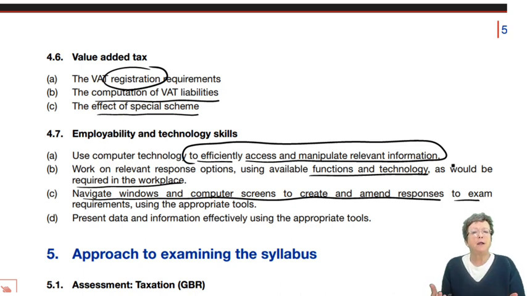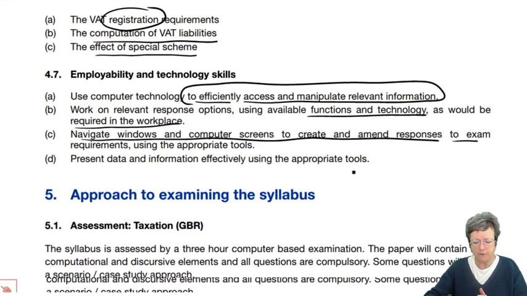You'll perhaps do a mock exam on a piece of paper, but you must practice doing these things online. The ACCA website has access to questions, mocks, exam papers, where you have to answer them online. You must practice them online before the exam, not just doing them on paper.